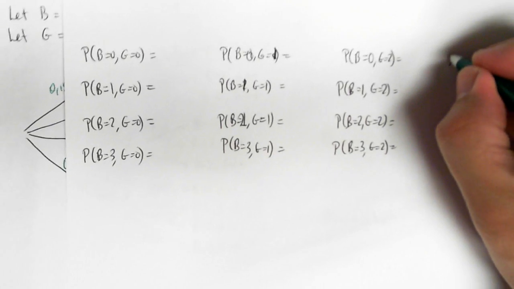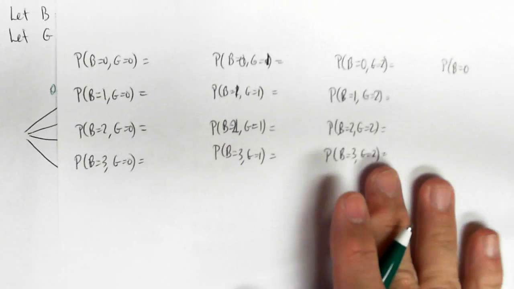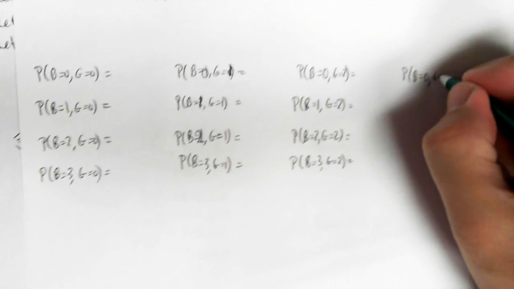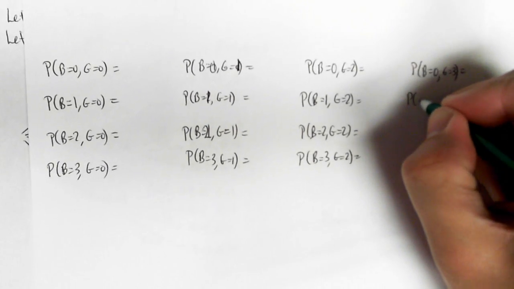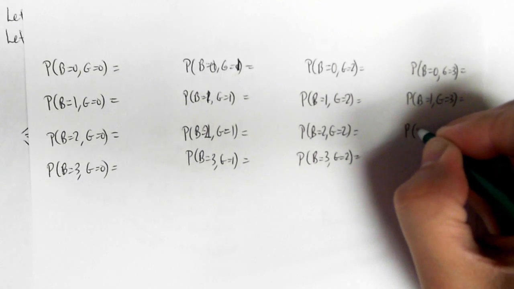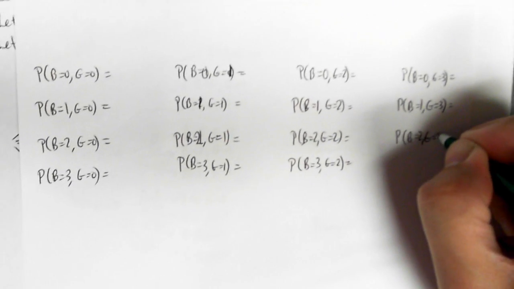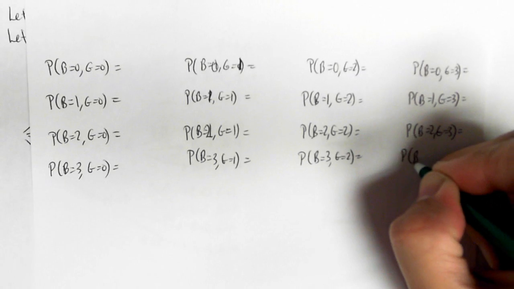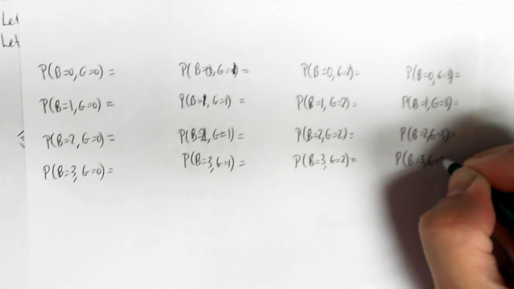And to finish the chart, 0 boys, 3 girls; 1 boy, 3 girls; 2 boys, 3 girls; and 3 boys, 3 girls.